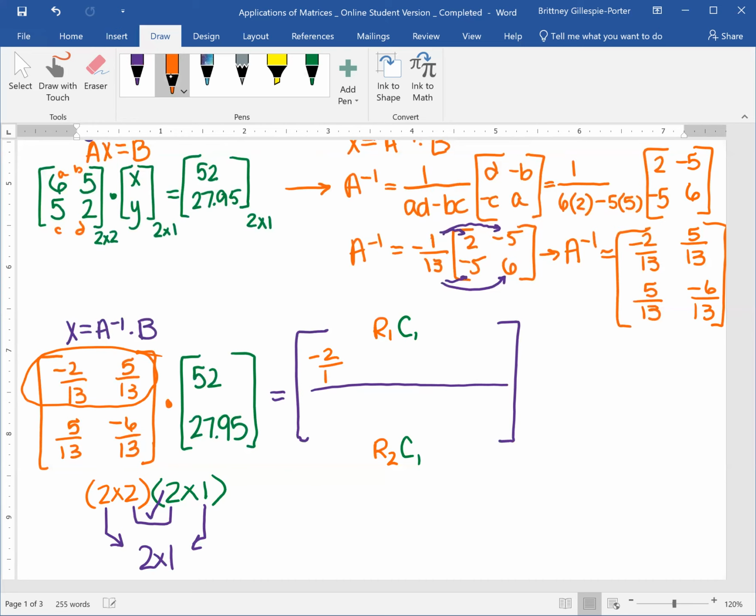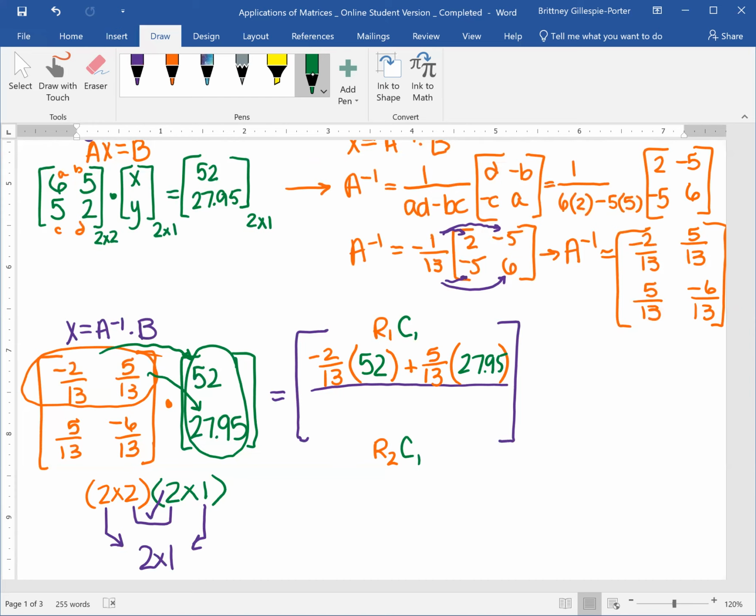We're going to have negative 2 over 13 times our column, so times 52, plus, because it's always plus, 5 over 13 times our 27.95. Remember, it's the first two multiplied together, second two multiplied together.